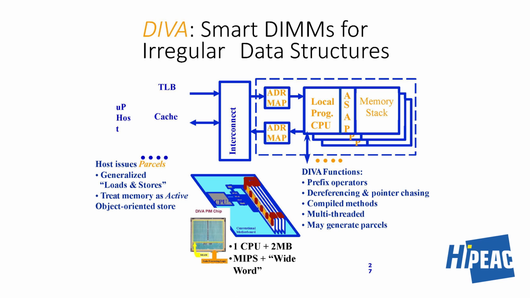One thing interesting was they didn't do SIMD, they didn't go after parallel workloads, they went after sparse workloads, pointer chasing and irregular workloads. That was the focus of DIVA, right? So that was one of the first works which tried to look at irregular data workloads with PIM processing.